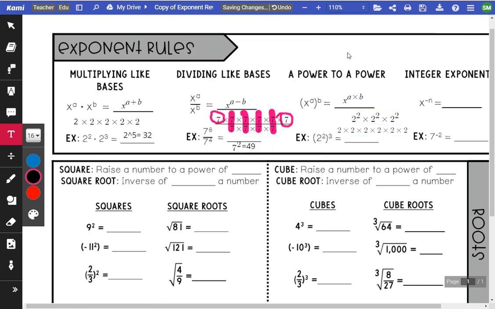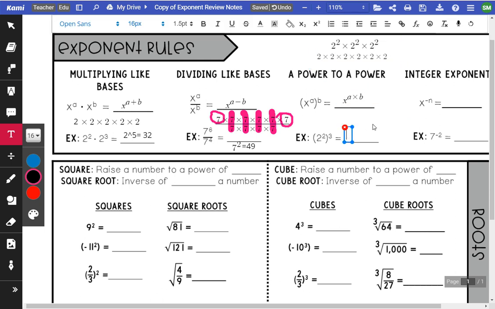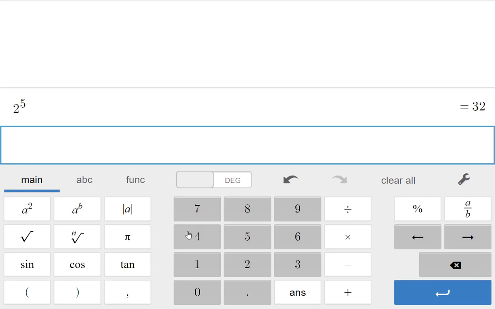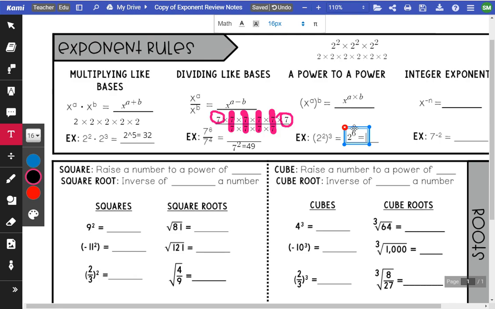So how many 2's do I have multiplied together there? 1, 2, 3, 4, 5, 6. 6 2's multiplied together gives me 2 to the 6th power, which equals, and I'm going to flip over to my decimals calculator, 2 to the 6th, enter, 64. So when I evaluate, I get 64.